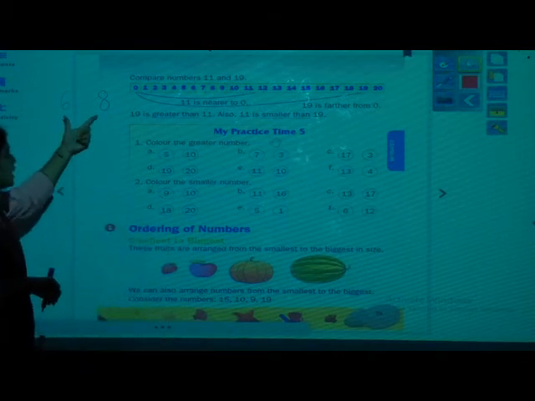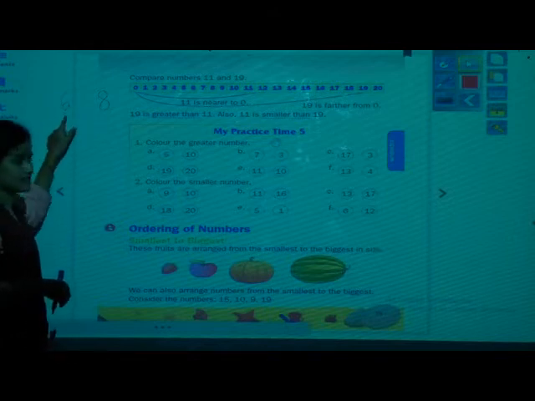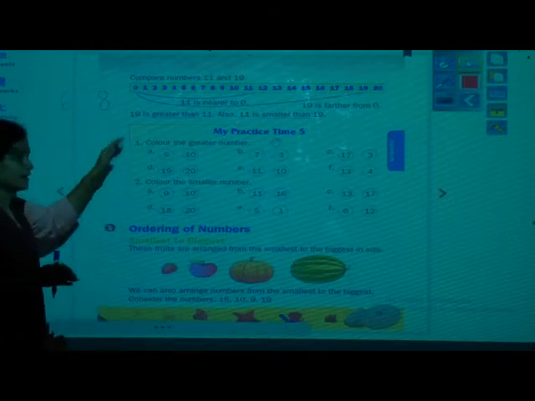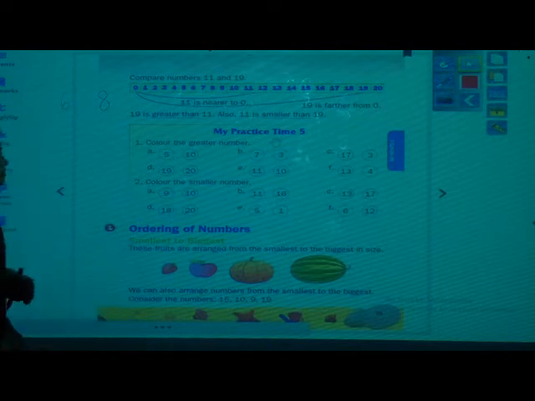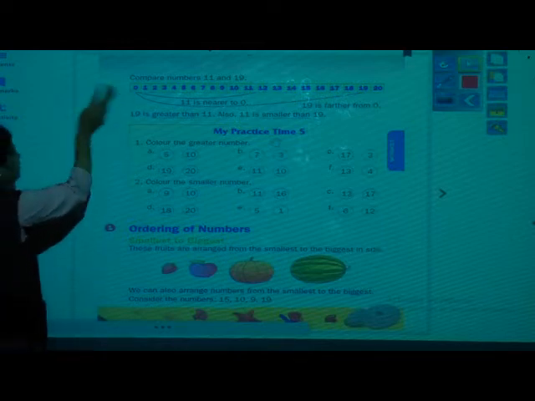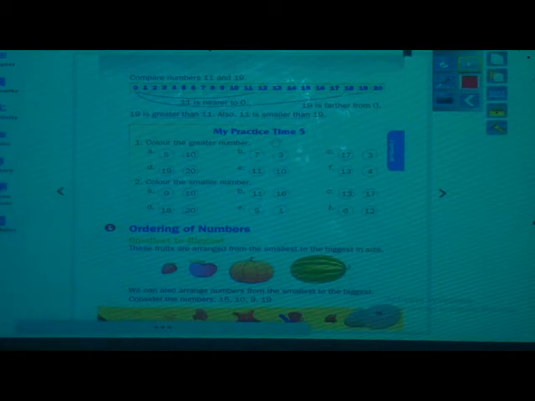Understood? ये दोनों को अगर हम compare करेंगे तो 6 क्या है? Small है और 8 क्या है? Greater है. So this is called comparing the numbers. The number which is more or has more quantity is the greater number, and the number which has less quantity is the smaller number.